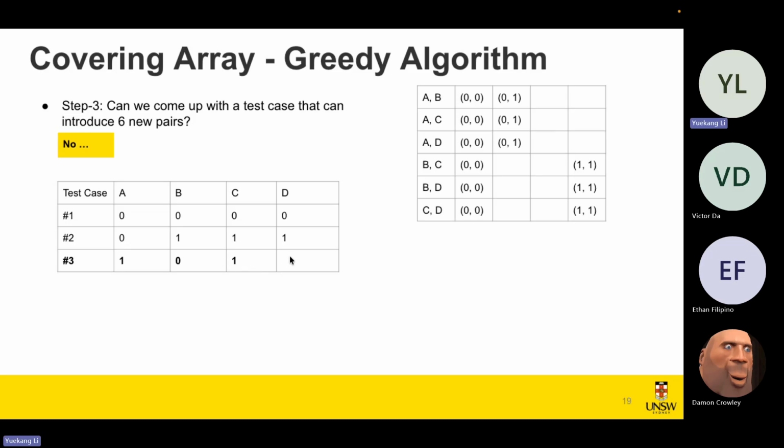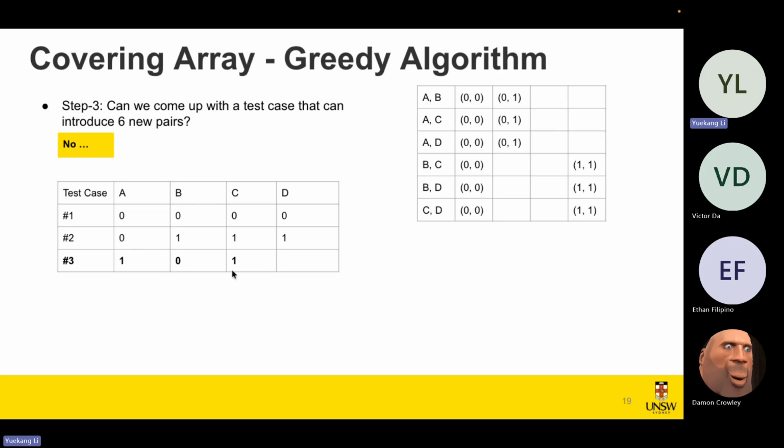And let's think about the value of D. Can we make it 1 or can we make it a 0? We need to think, okay, if we take the value of 0, then for AD, we can have 1, 0, which is new.